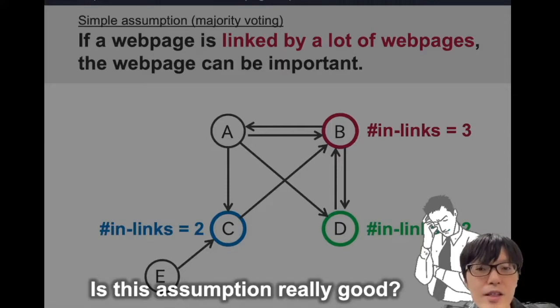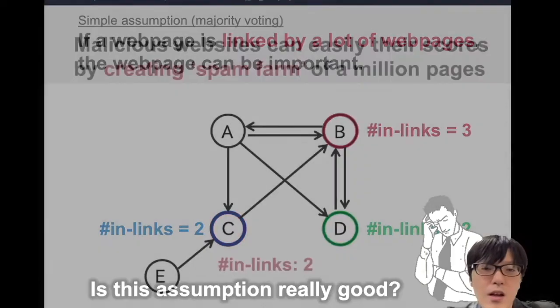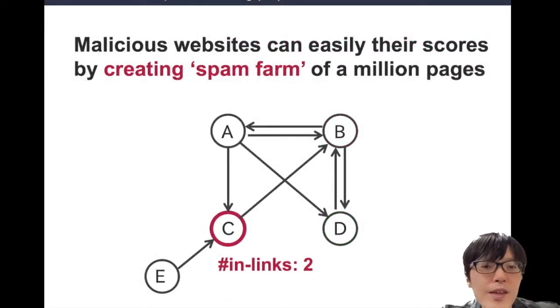However, is this approach really good? If we use this majority voting approach to evaluate the web page's importance, we will have serious problems on the real web. I showed several problems here. At first, there exists a malicious website on the real web.